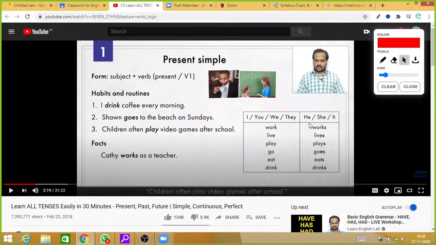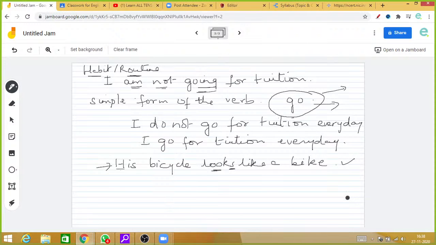If you use he, she, it, then you have to use S with the base form of the verb. Okay? So, till now you have been using I only. Now, I want you to use he, she, or it, or somebody's name.